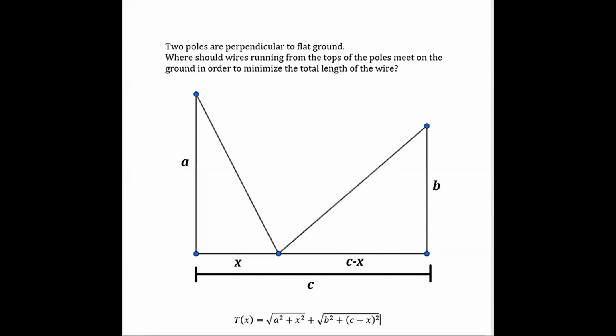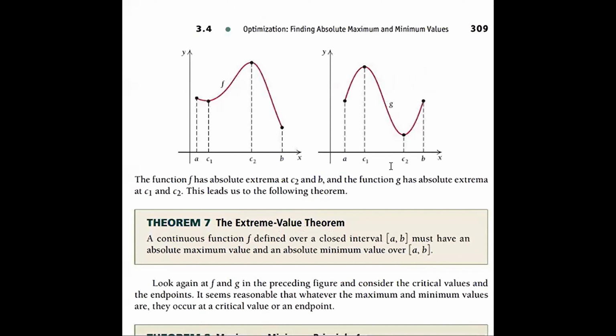Now, because I'm talking about the function being continuous on 0 to c, what I'm hoping to apply is the extreme value theorem. In this case, rather than talking about the closed interval a to b, I'm talking about the closed interval 0 to c, and there must be an absolute maximum value and an absolute minimum value over that interval for our continuous function, in this case, T of x.